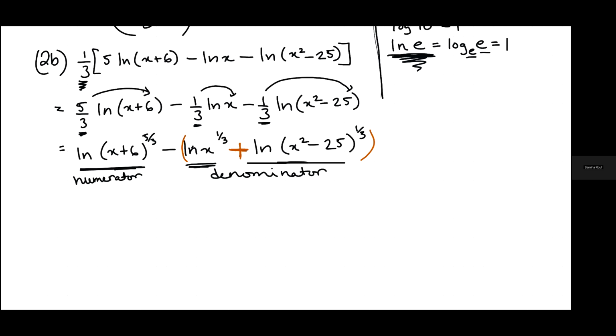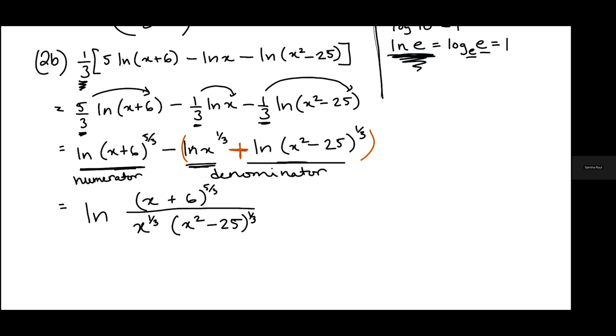So we end up with natural log of x plus 6 to the 5 over 3, and then here we have x to the third, and then x squared minus 25 to the third. Now, notice that you could stop here, but if you want to simplify a bit more, each of these has a power of a third.